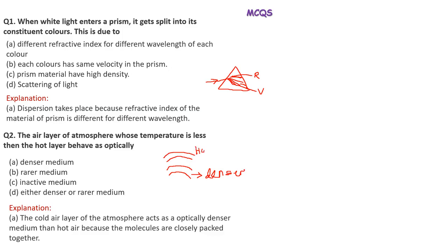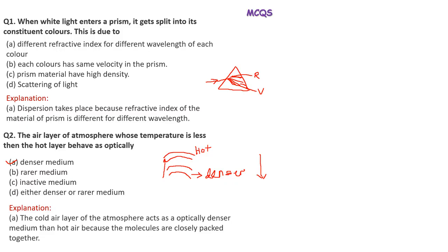As we know, when air gets hotter, it becomes less dense and goes up, while the air which is cooler becomes more dense and settles down. So the right answer is denser medium. Now let's see the explanation. The cold air layer of the atmosphere acts as an optically denser medium than hot air because the molecules are closely packed together.